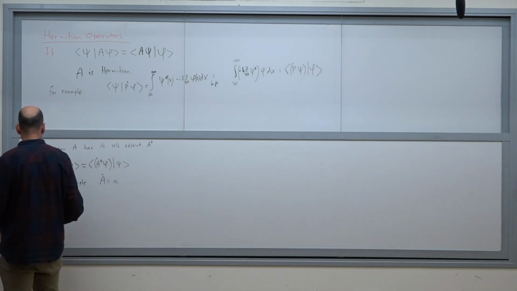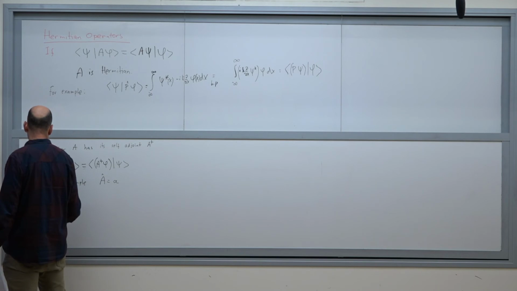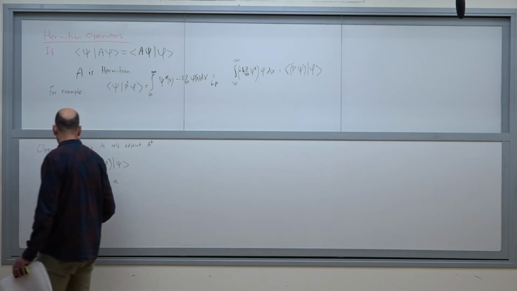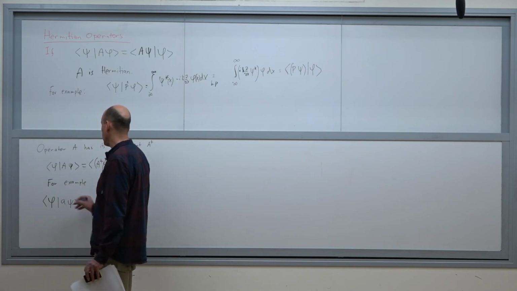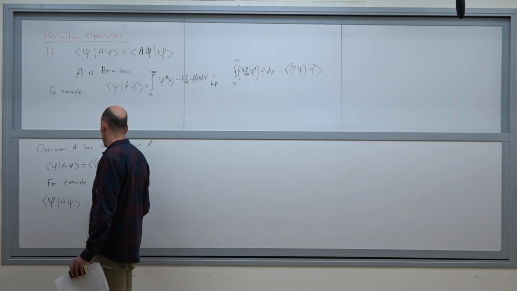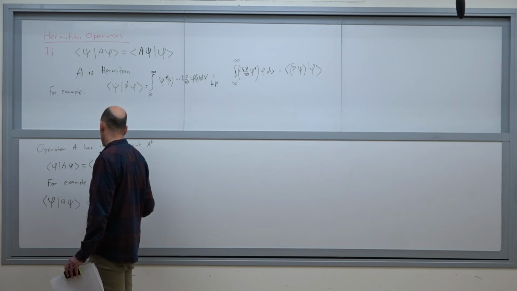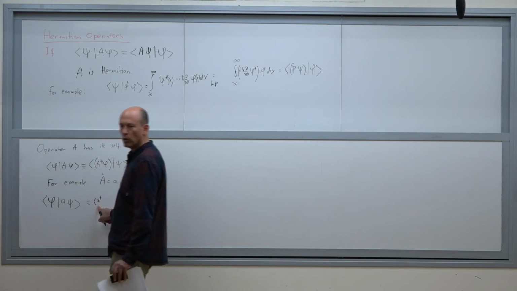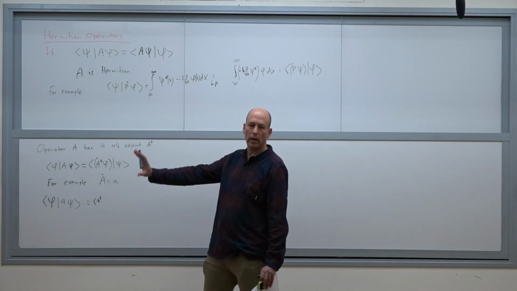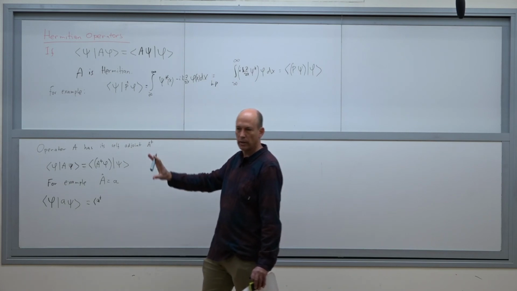Everything is fine, and this is also trivial. So what is this guy? Okay, let us look. Of course, this is a trivial example, A psi. Now I'm looking for A dagger. This should be equal to A dagger. This has nothing to do with creation and annihilation.